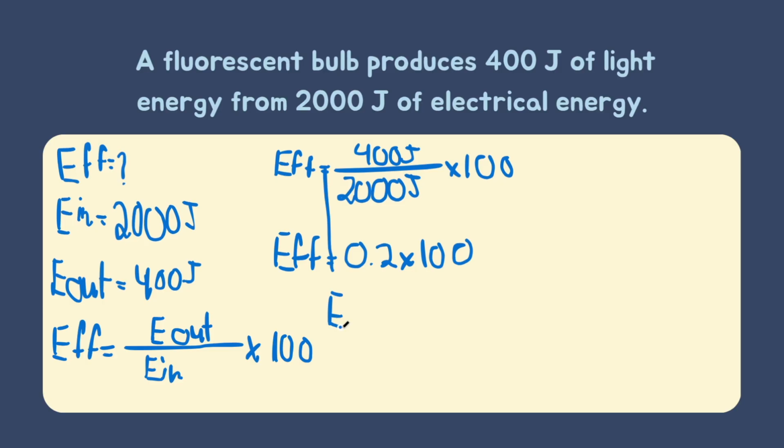You have efficiency equals 20%. So as you can see, 20% is light energy, and the other 80% is either sound or heat. Now, you can write a therefore statement, but I'm not going to. That's going to take up too much time. Alright, next slide.